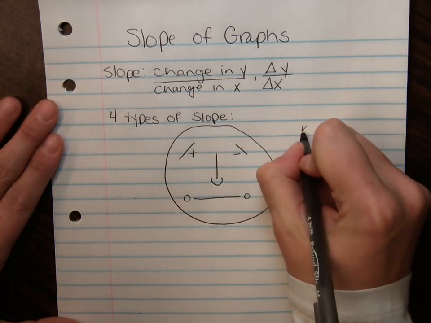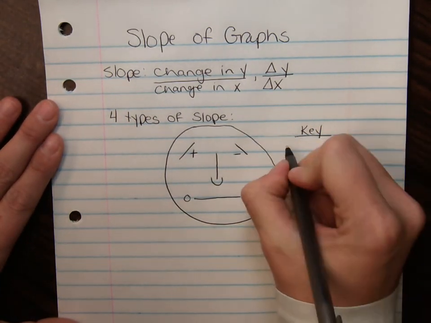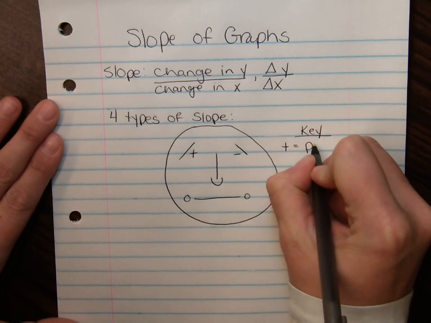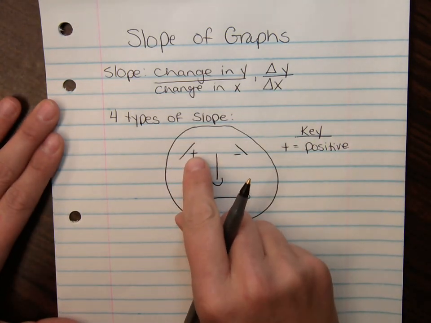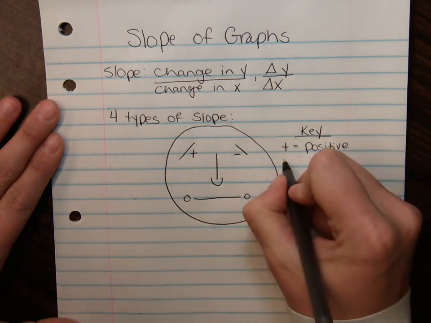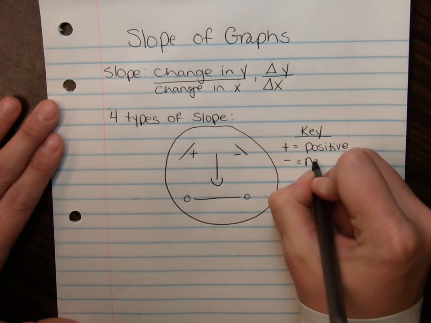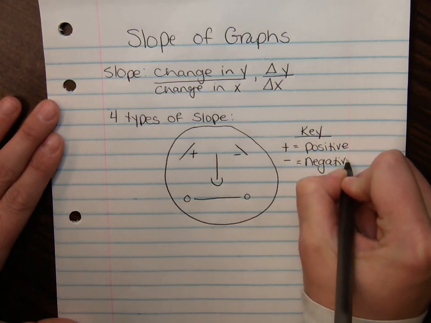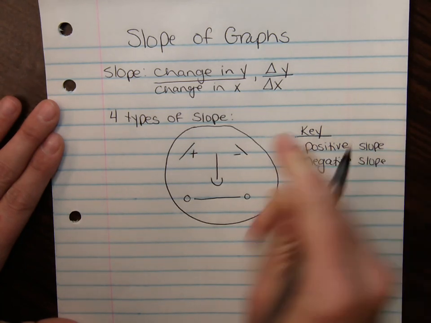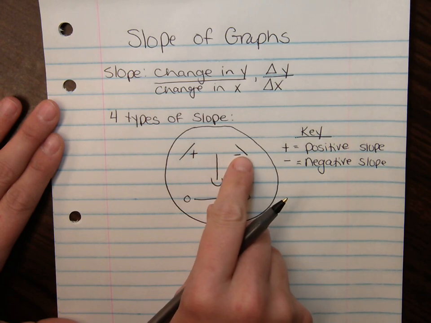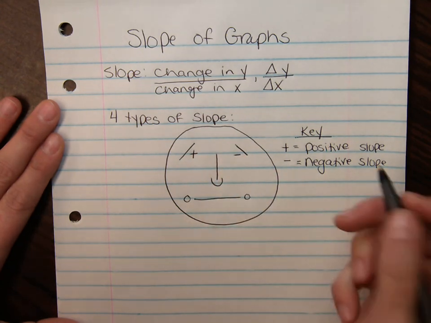So we're going to make a key for our SlopeMan. The plus is positive slope. So when you have a line that looks like this, we're going to have a positive slope. The minus sign is a negative slope. When you see a line that looks like this going downwards, that's going to be a negative slope.